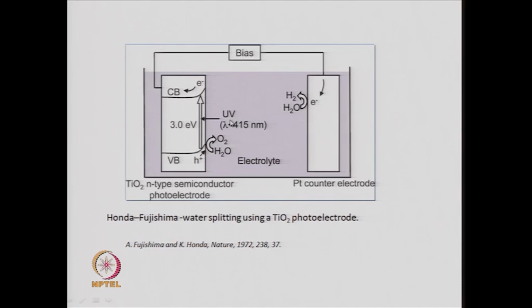So, that is in the ultraviolet radiation, the UV region of the electromagnetic spectrum, and when this light falls on this electrode which has titanium dioxide, electrons are produced in the conduction band and holes remain, because whenever an electron goes away you generate a hole in that band.